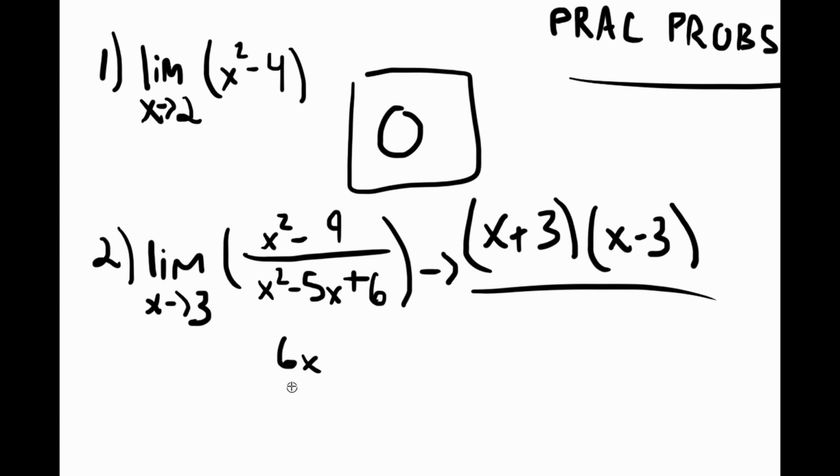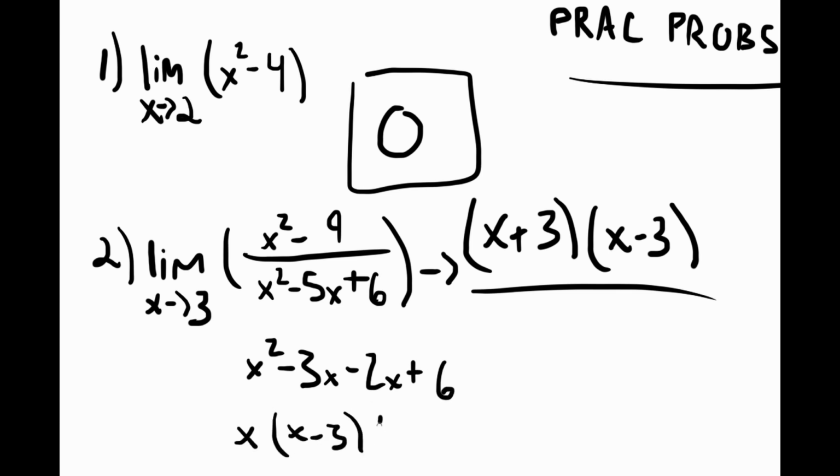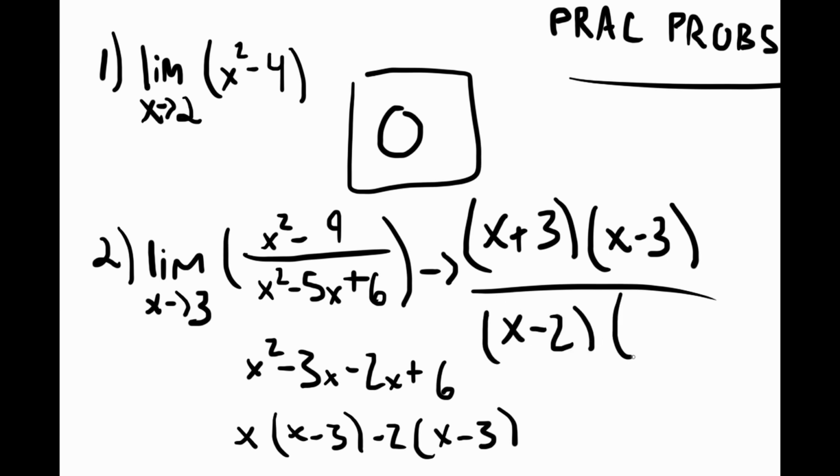Alright, so then we just write it like this. Negative 2x plus 6, and it'd just be x minus 3, negative 2, x minus 3, and then that's going to be x minus 2 times x minus 3.